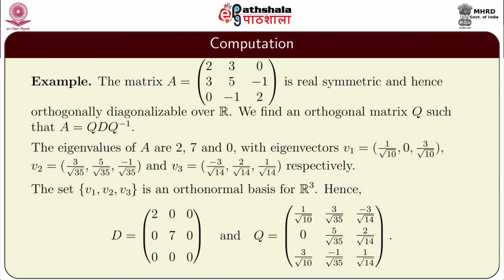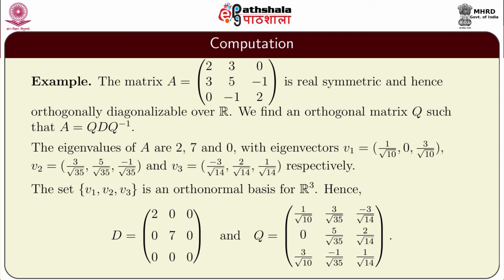This is orthogonally diagonalizable over R. To find an orthogonal matrix Q such that A is equal to Q D Q inverse, we see that the eigenvalues of A are 2, 7 and 0, and the corresponding eigenvectors are V1 equal to 1 by root 10, 0, 3 by root 10, V2 equal to 3 by square root of 35, 5 by square root of 35, minus 1 by square root of 35, and V3 equal to minus 3 by square root of 14, 2 by square root of 14, 1 by square root of 14.